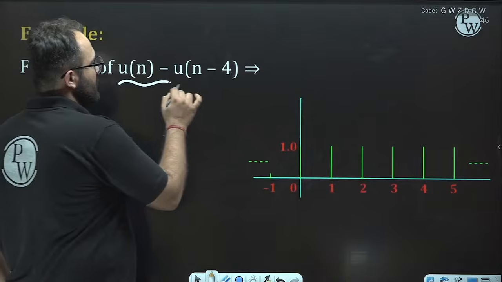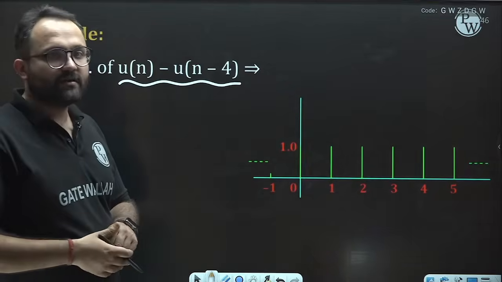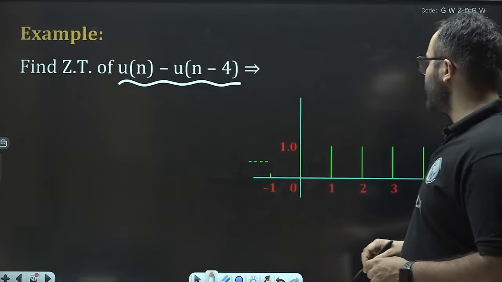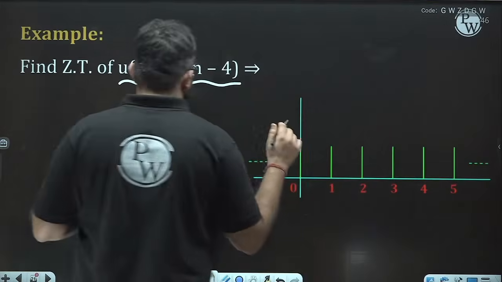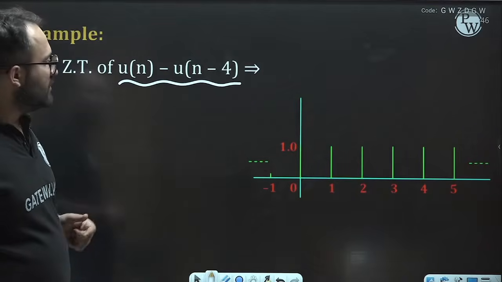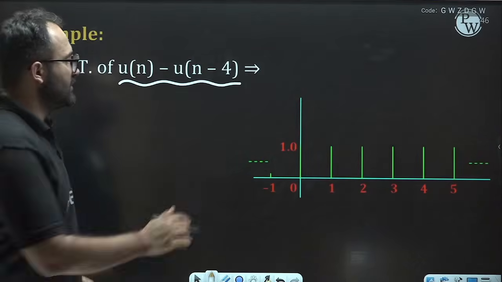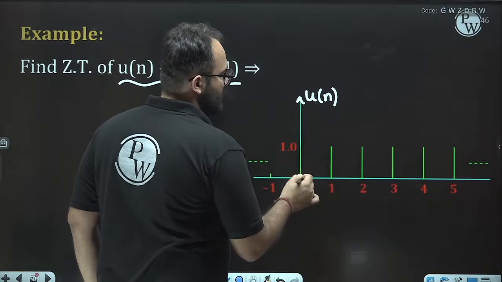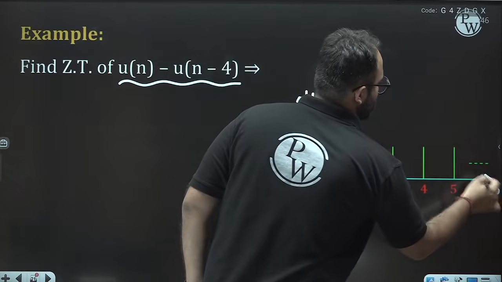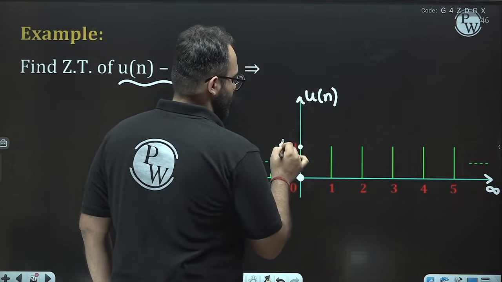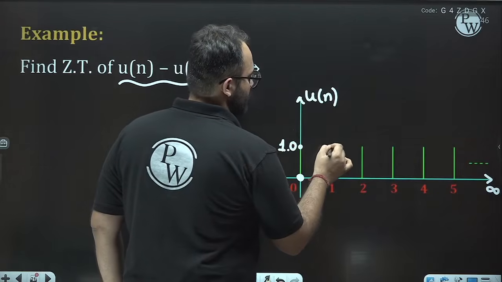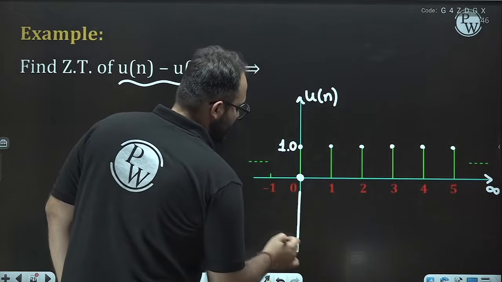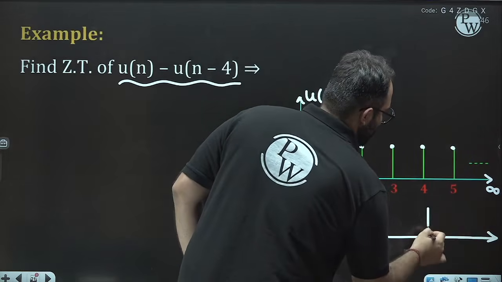This signal is u[n] minus u[n-4]. Let me show you the location of this signal. u[n] is a signal which is 1 from 0 to infinity. u[n-4] is 1 from 4 to infinity.